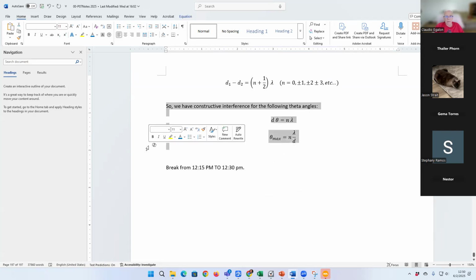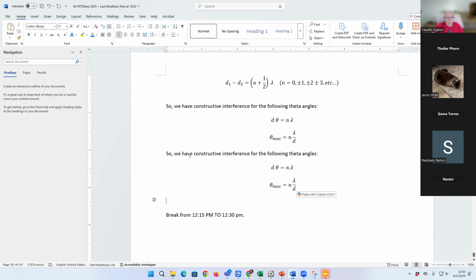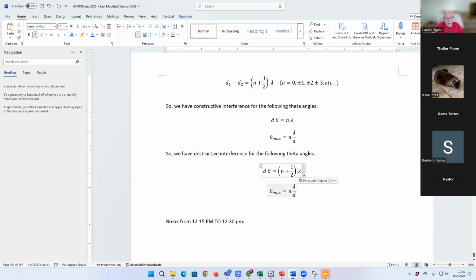We have destructive interference for the following theta angles, and here you go, replace n with n plus half. And when we match this theory with the actual experimental evidence, we get like a perfect fit.